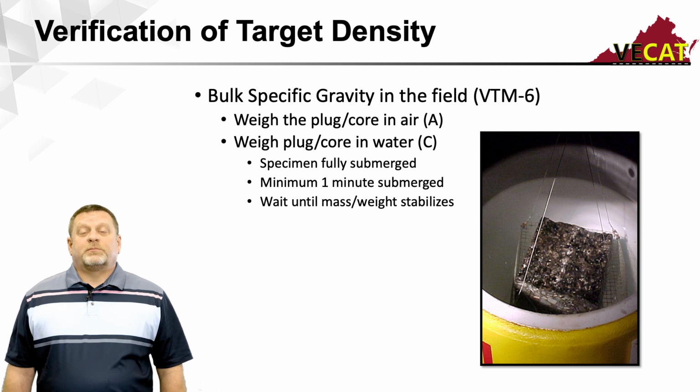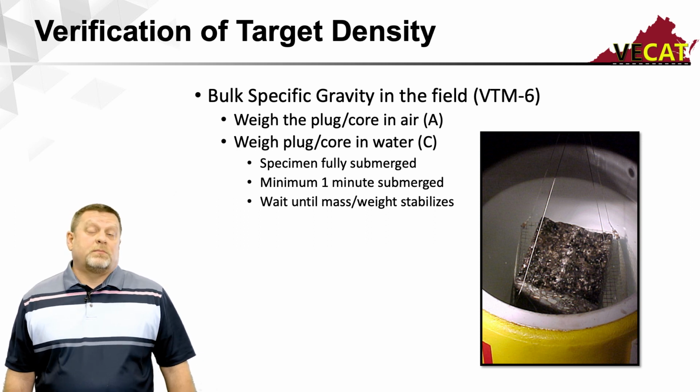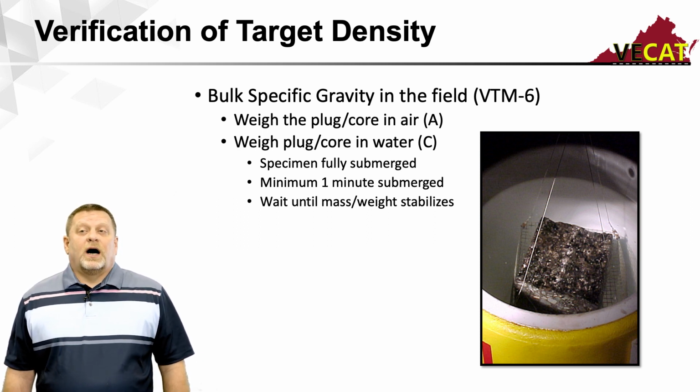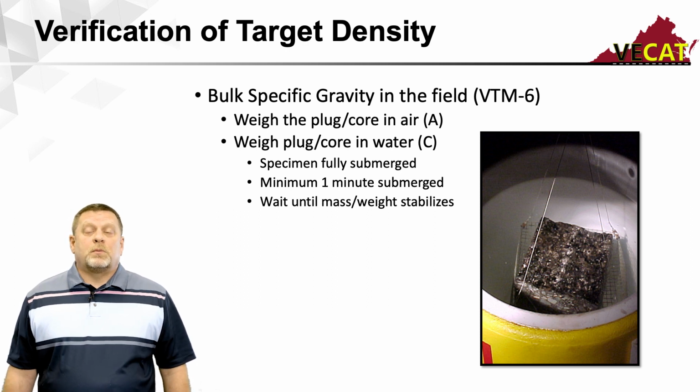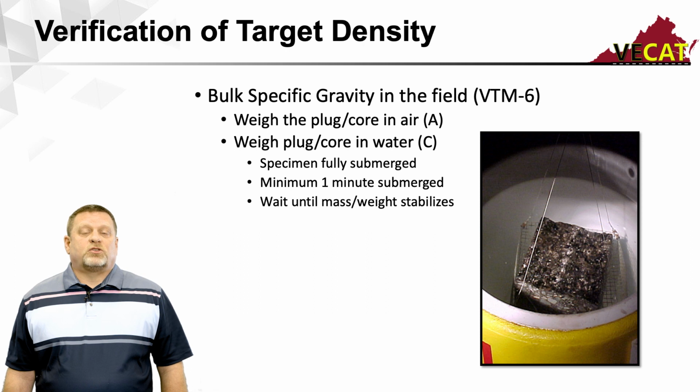Your specimen has to be submerged in water for a minimum of 1 minute. And it needs to stay beyond that minimum of a minute until the mass or weight stabilizes. It sometimes can take a little longer than a minute, but you have to leave it at least for 1 full minute. That's to allow time for water to absorb inside of the specimen.